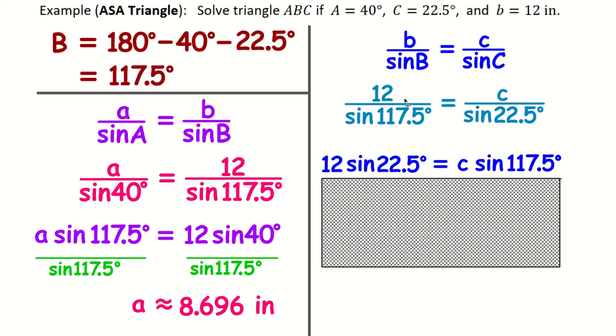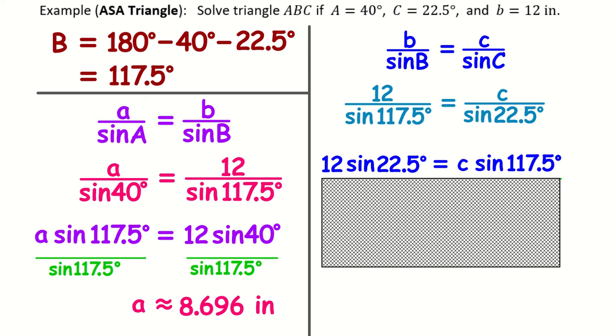I hope I'm not going too fast, but hopefully you're picking up on all these moves now. Cross multiply is the next step after we set up the proportion. And so 12 times the sine of 22.5 equals c times the sine of 117.5. And then what's the next step as we look to solve for c? I'll give you at least a couple seconds here.